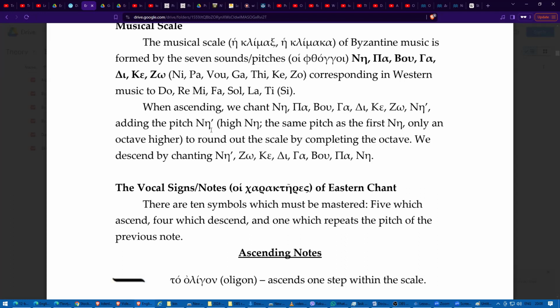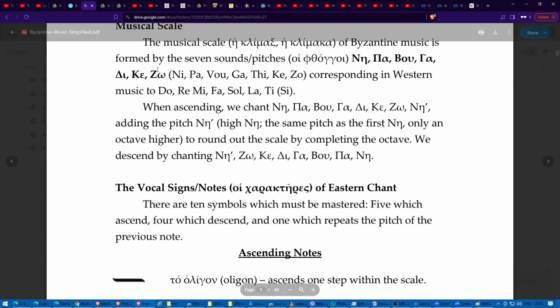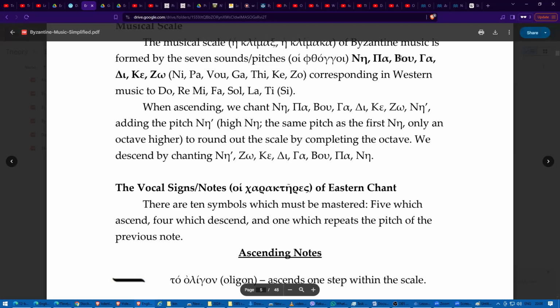And we're also going to be jumping between notes. So if we're at character vi and we want to go down by 3, we need to instinctively know that that is the note pa.